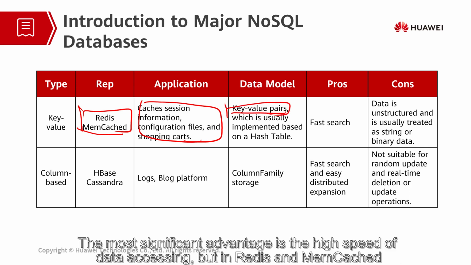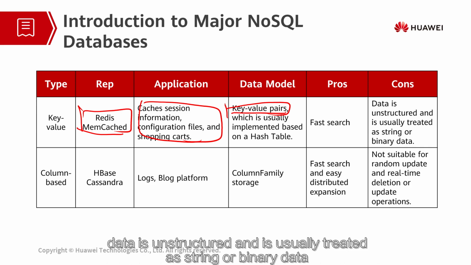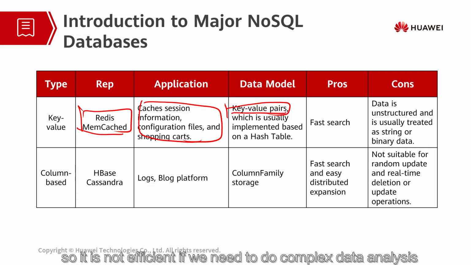The most significant advantage is the high speed of data accessing. But in Redis and Memcached, data is unstructured and is usually treated as string or binary data. So it is not efficient if we need to do complex data analysis.